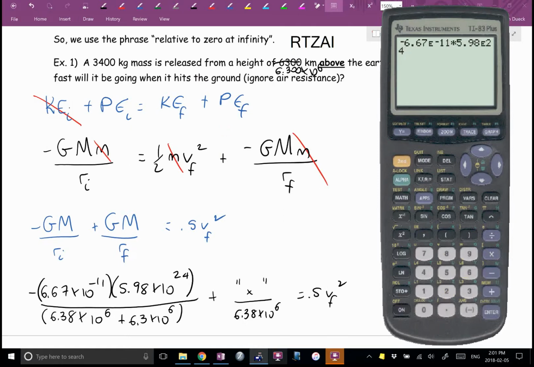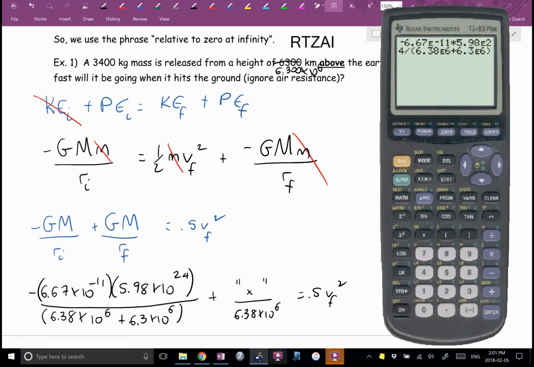I can get away without brackets on the top if I use my scientific notation button because it is all one big uber thing on the top. No plus signs. Is there more than one thing on the bottom? Divided by bracket 6.38 scientific notation 6 plus 6.3 scientific notation 6. I want all of you to type that and nothing else.